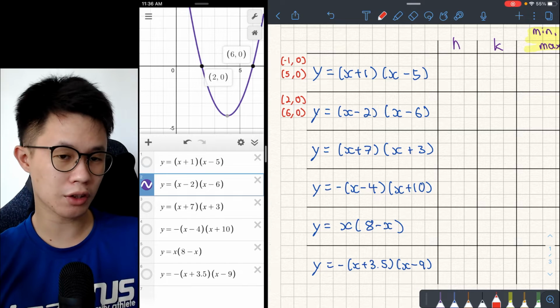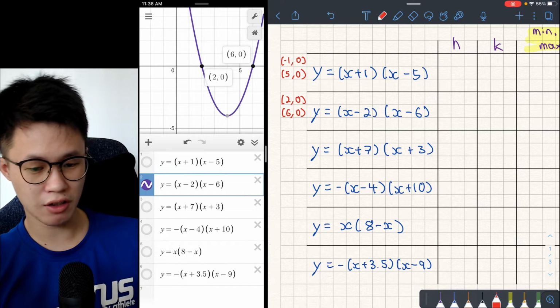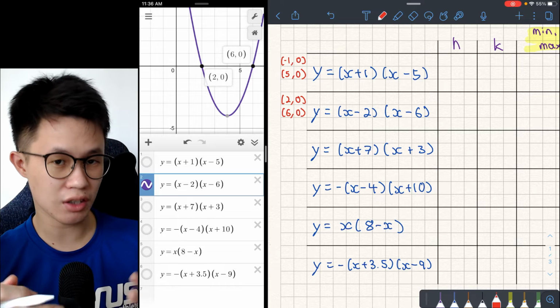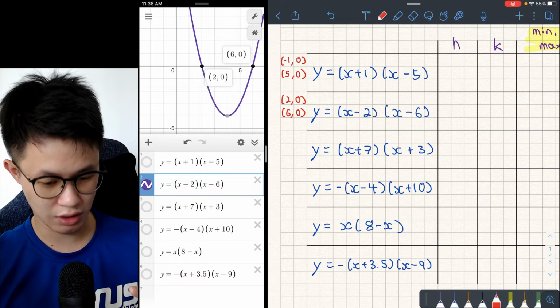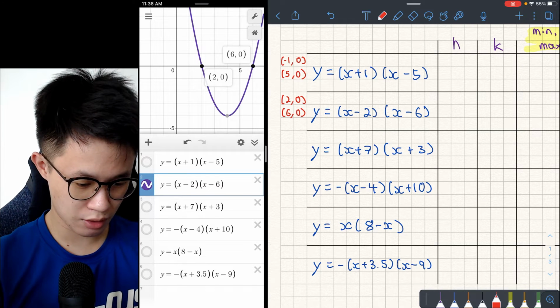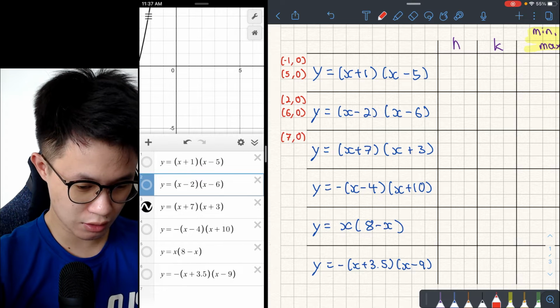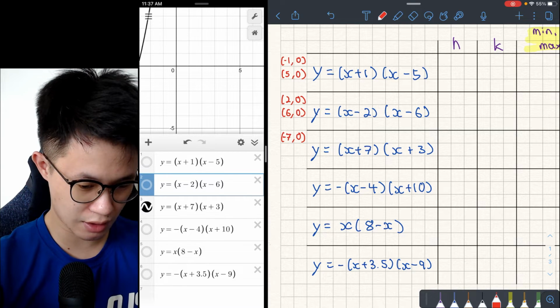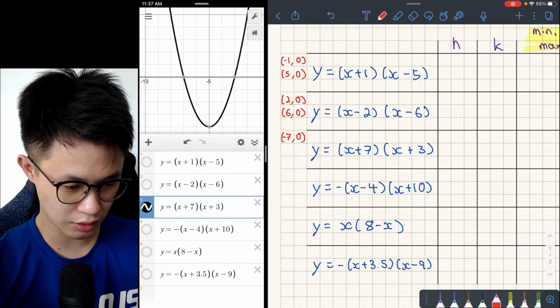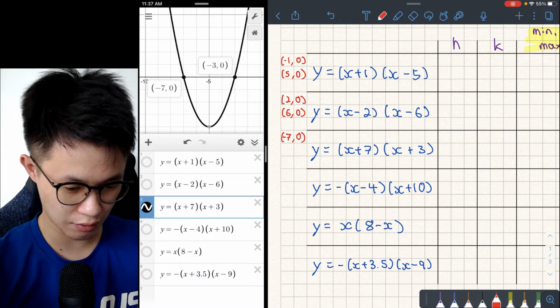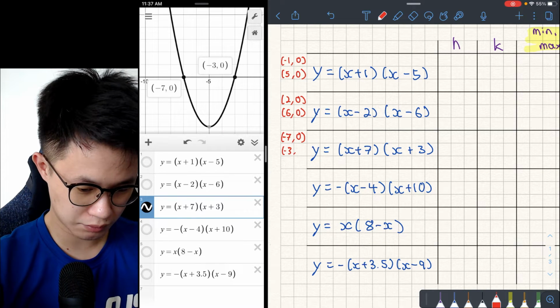Now I want you to compare with the values of h and k of each equation as I'm doing this. We do the same for this one: (7, 0) and (-7, 0), if I'm not wrong. Is it? Yes, correct. And we have (-3, 0).